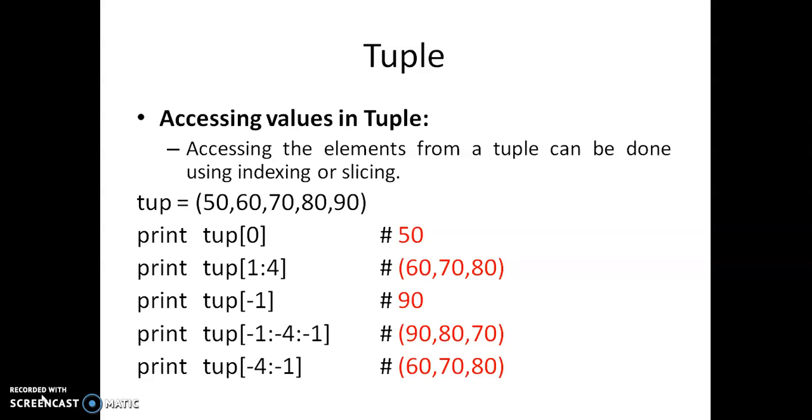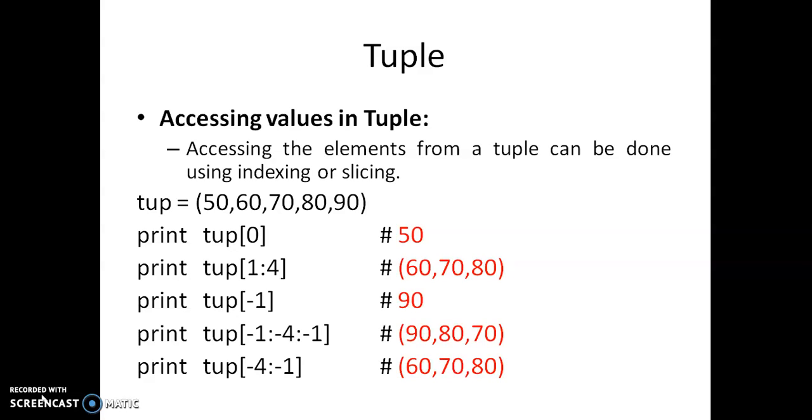Another example is minus 1 colon minus 4 colon minus 1. That is, I want to retrieve the elements from minus 1 to minus 4 with a decrement of 1. So you will get the elements 90, 80, 70. Minus 1 to minus 3 will get those elements. And print tup of minus 4 colon minus 1, that is from the minus 4 index to the minus 1 index.